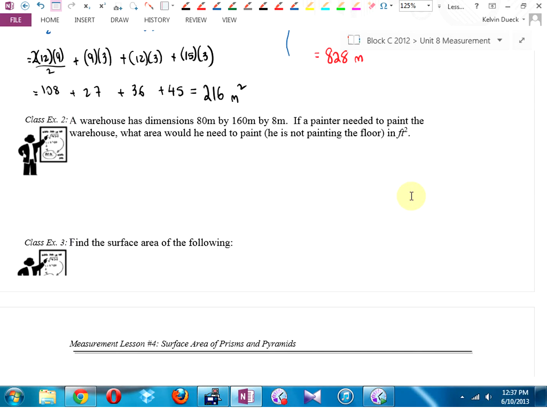What shape is a warehouse? What shape are rooms? What's the fancy word? Rectangular prism. Okay? And conveniently, I do have an equation for that.